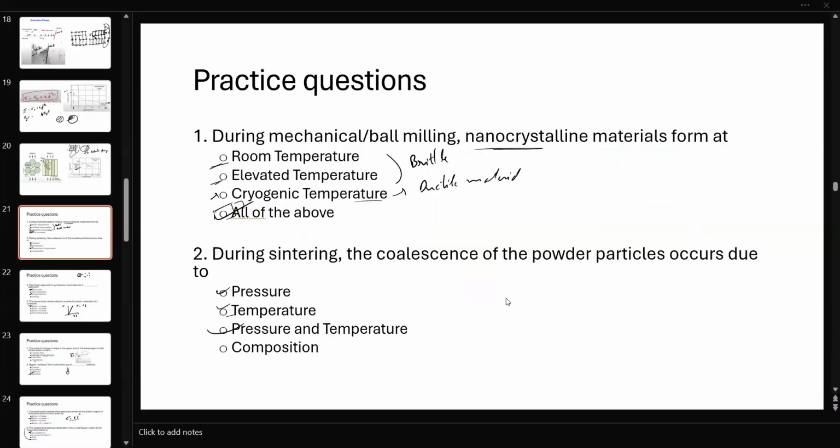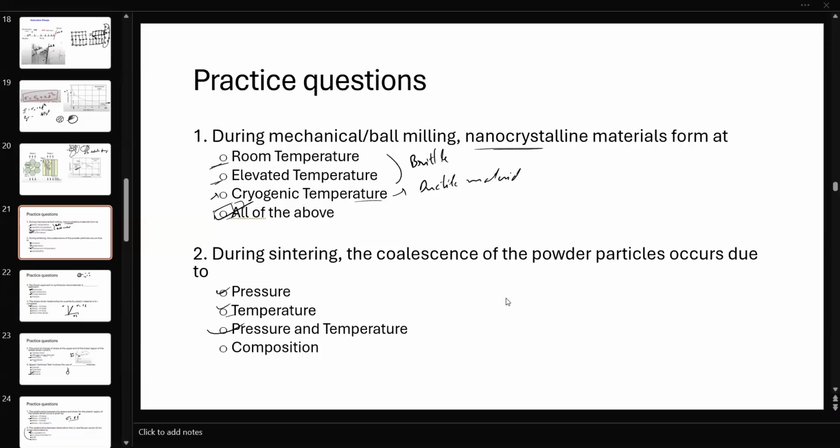There are some practice questions now. During mechanical or ball milling, nanocrystallites form at room temperature, elevated temperature, cryogenic temperature, or all of them.